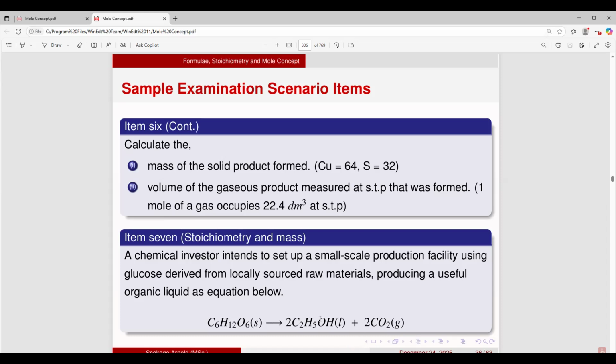This is the equation which we have. This is our glucose, the reactant, producing this liquid L, the organic liquid, plus carbon dioxide. That organic liquid is ethanol, in particular.